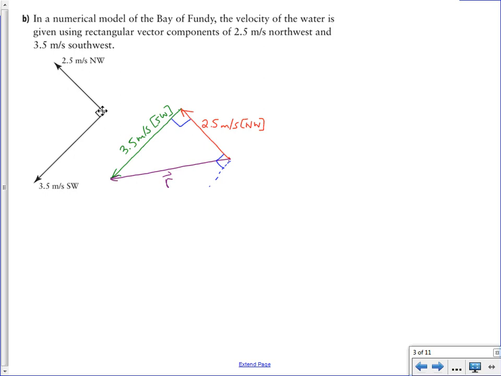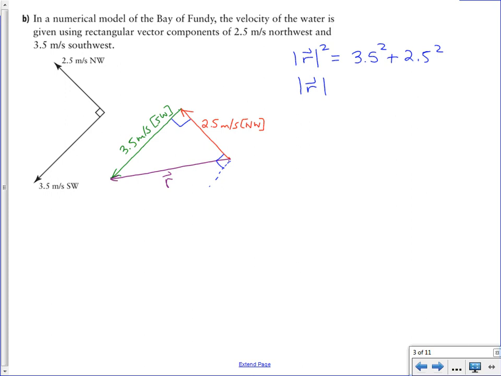So let's go for magnitude. If it's a 90-degree triangle, can I still use the Pythagorean theorem? The magnitude of the resultant squared equals leg 1 squared plus leg 2 squared, so 3.5 squared plus 2.5 squared. Again, I'm fine with you doing a bunch of steps on your calculators, guys. 3.5 squared plus 2.5 squared, I get 18.5.